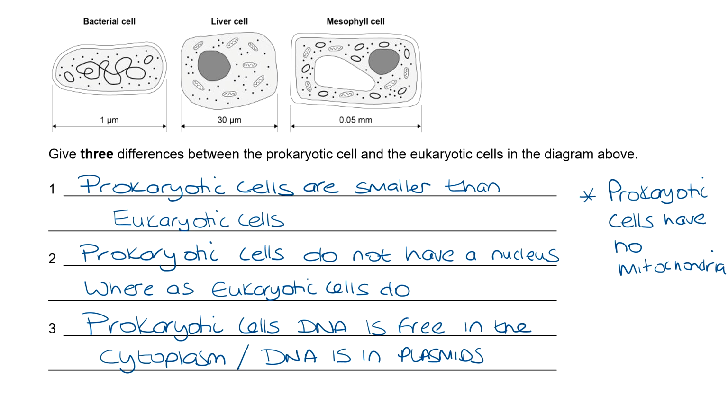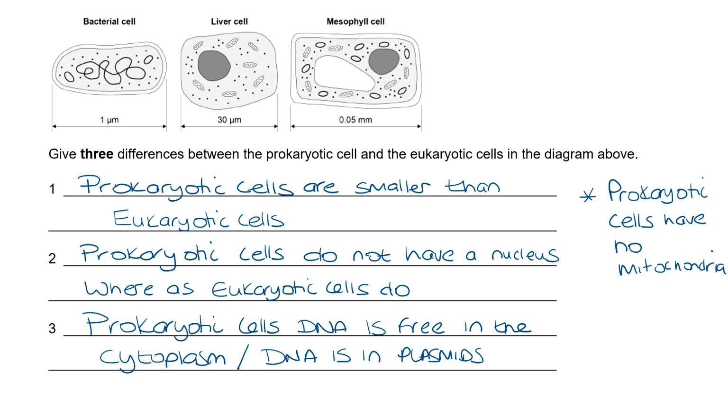When you're writing your answer, think about your technique before you start writing. Are you going to write about how the prokaryotic cell is different from the eukaryotic, or are you going to describe how the eukaryotic is different from the prokaryotic? So make sure you're clear in your answer, like I have been in the model answer on the PowerPoint.